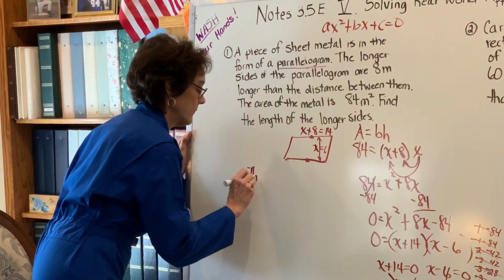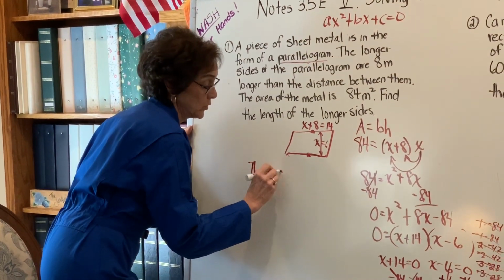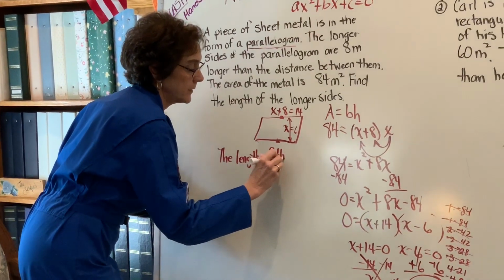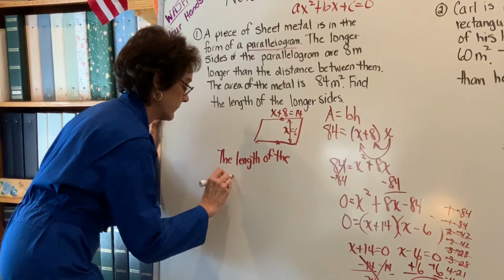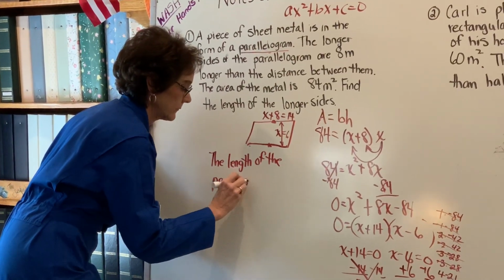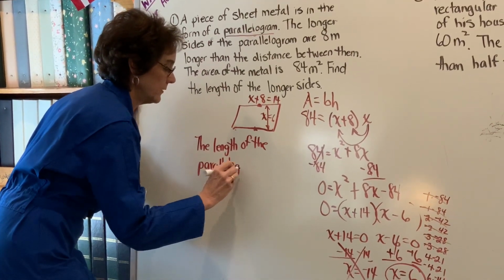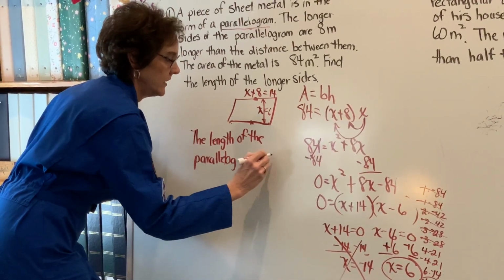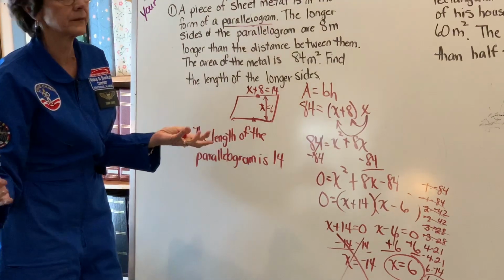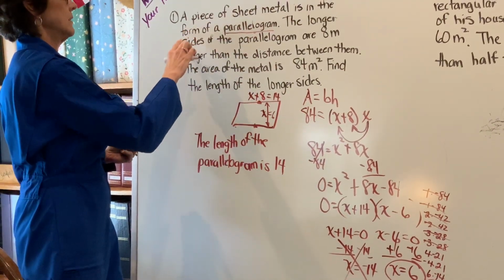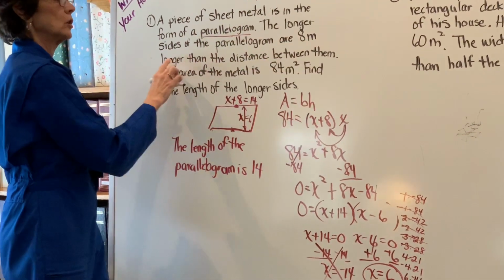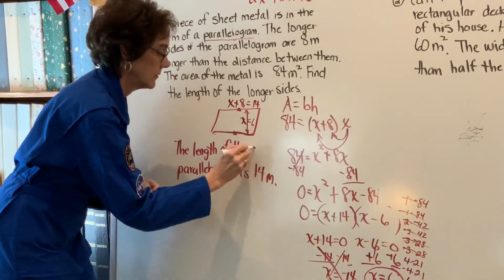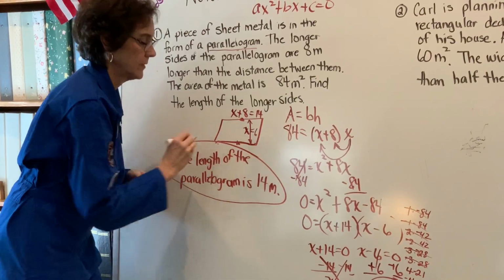So the length of the parallelogram, oops, forgot my L, is 14 what? It was 8 meters longer. This was square meters, so that means it's meters. So that's the answer.